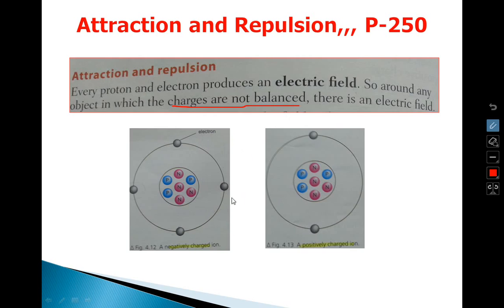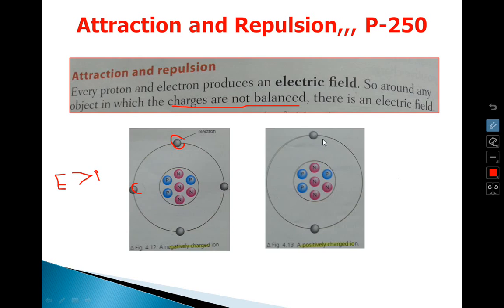This one is important. Please keep it in your mind. Again, if the number of electrons here is greater than the number of protons, the charge will be negative.